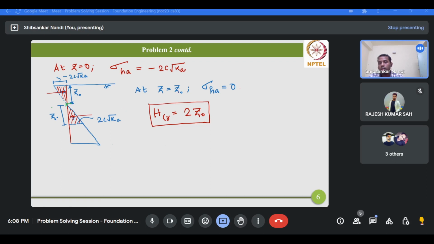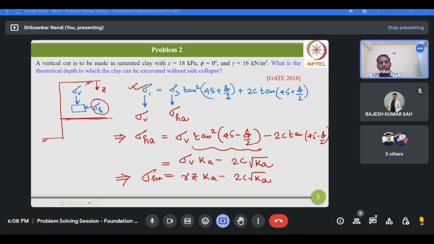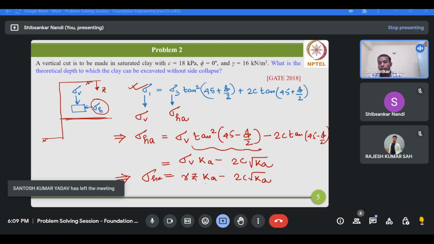Now, if this is the scenario, then gamma z0 Ka minus 2c times root under Ka should be 0, because this is the expression of sigma h. Here we are substituting the value of z0. Yes or no? This is the expression of the active earth pressure behind the wall. Already we have derived it, and here we are substituting the value of z0.